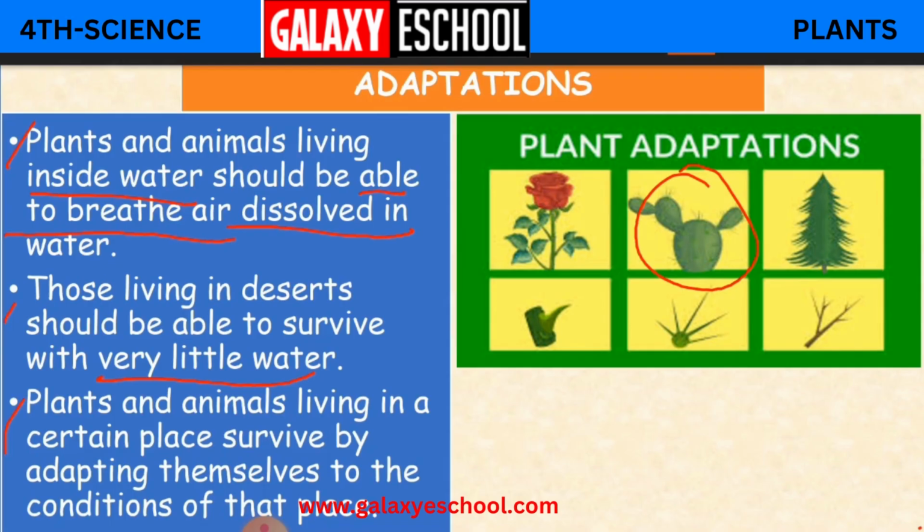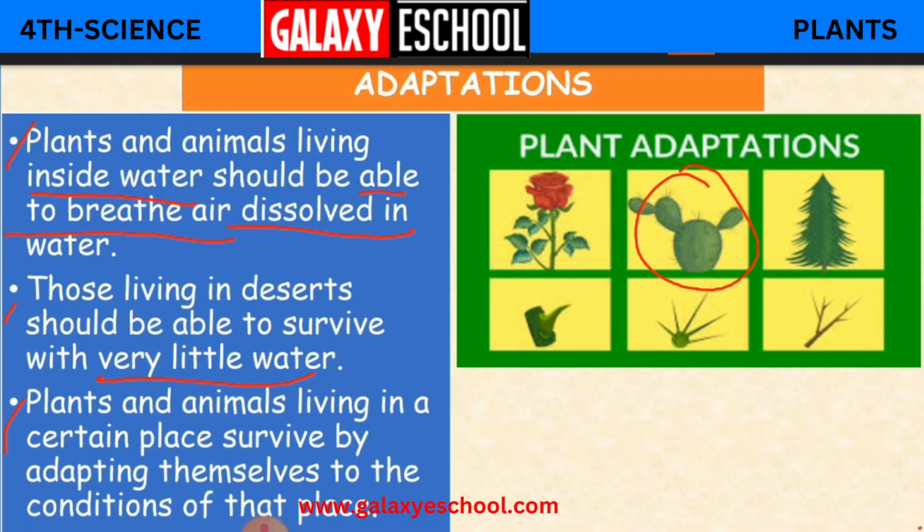So plants live in different places, like different soils, red soil, black soil, or near water areas, near mountains, in the hill areas, in snow areas, so many places. Wherever they live, they are making themselves fitted to its environment, climate condition.